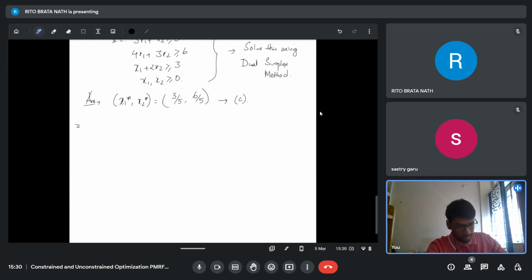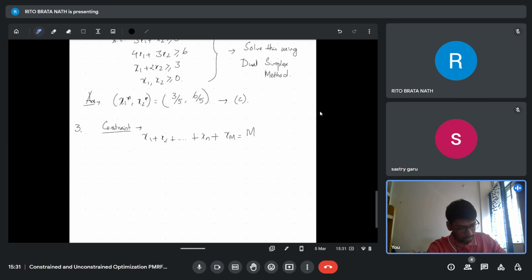Okay, so let's look at the third one. The third one has this constraint x1 plus x2 to xn plus say xm equals 0.